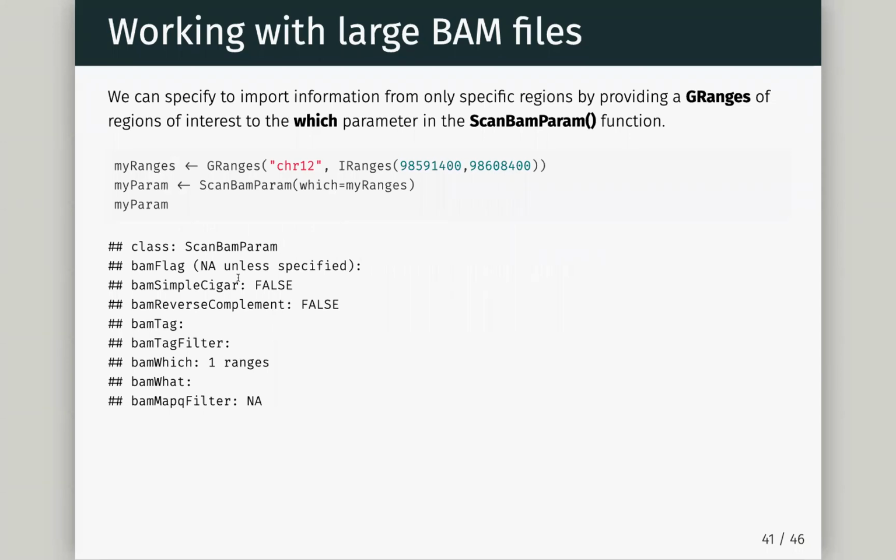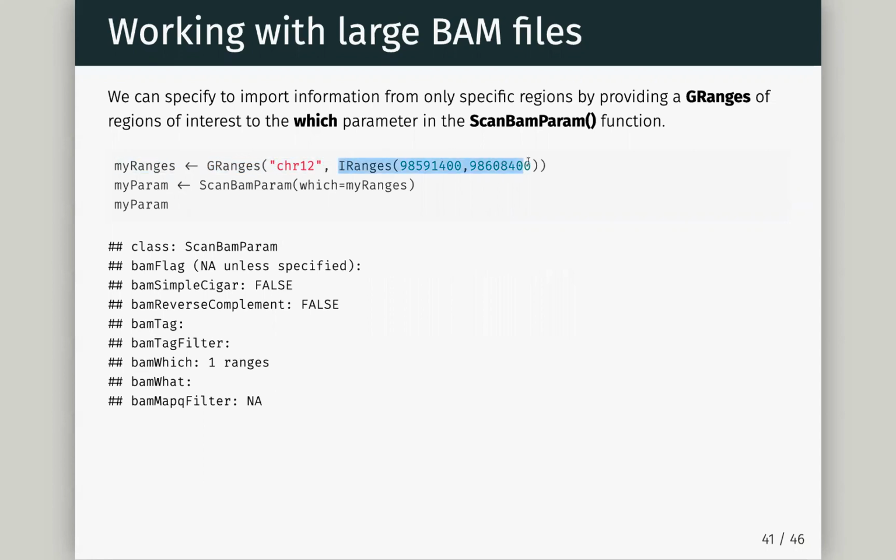Okay. So to specify the which parameter, where we want to get reads from, it's going to accept a GRanges. Right? So we're going to give it a GRanges, and it's going to say, I will import reads from my BAM file which are within this GRanges region. So we know how to build GRanges. We can just do GRanges, chromosome 12.